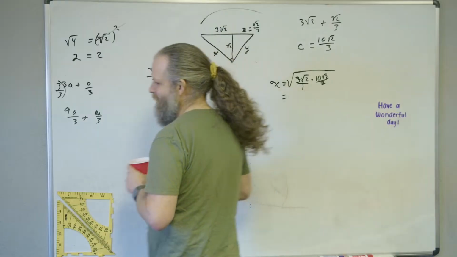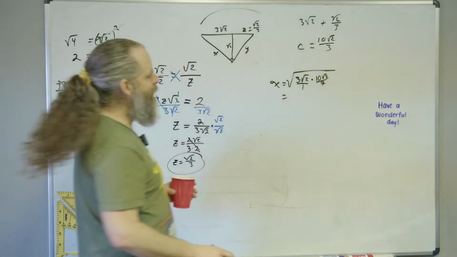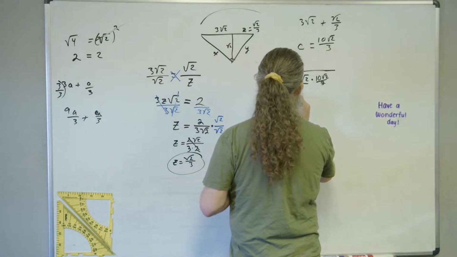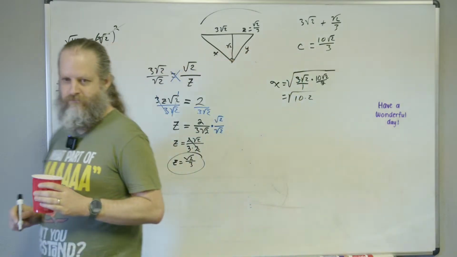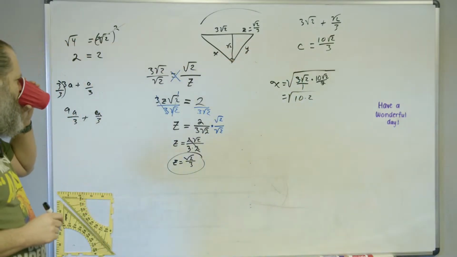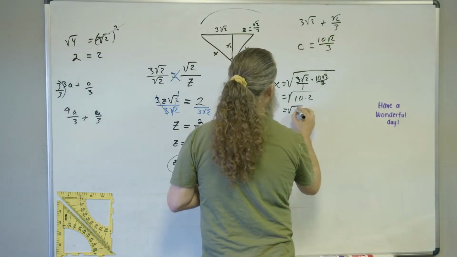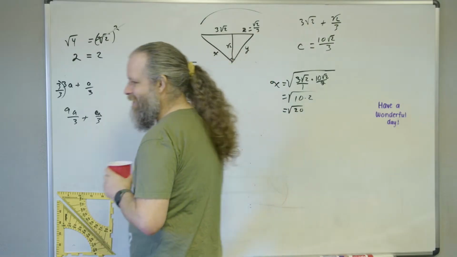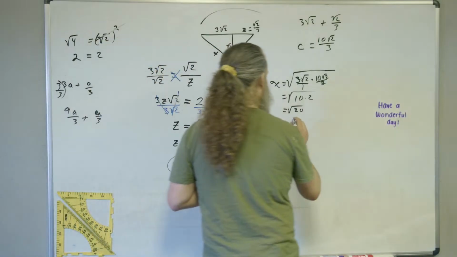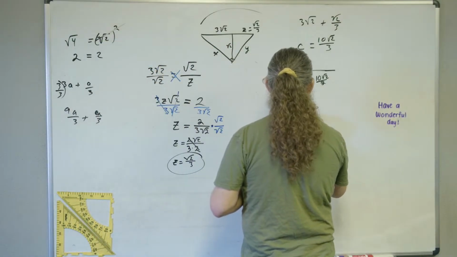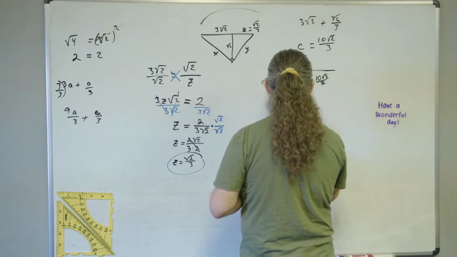What does the square root of 2 times the square root of 2 equal? 2. You did it. Good job. We're learning. We're tracking. So we've got square root of 10 times 2. What's 10 times 2? 20. Good job. Square root of 20. Are there any perfect squares inside of 20? Yes. 4. So we have the square root of 4 times the square root of 5. So x equals 2 times the square root of 5.